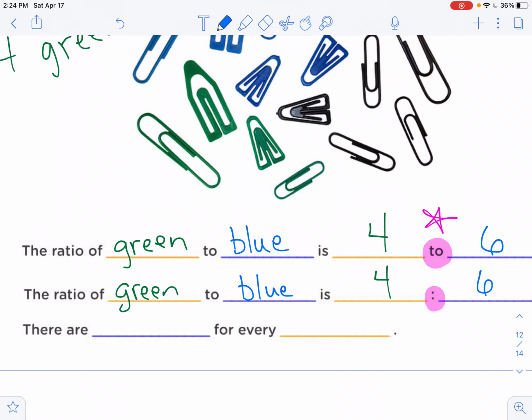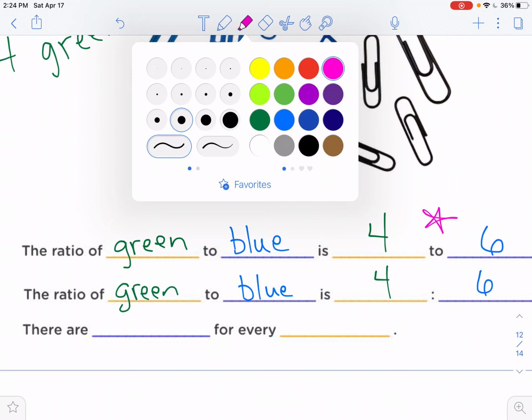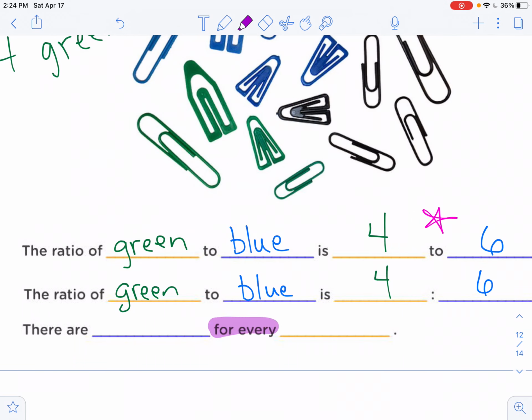All right. Now, here's one where it's going to look like I'm changing things around, but I'm not. This very last sentence is using the phrase for every. I see that there's a big blue blank first. So I'm going to talk about the blue paper clips.